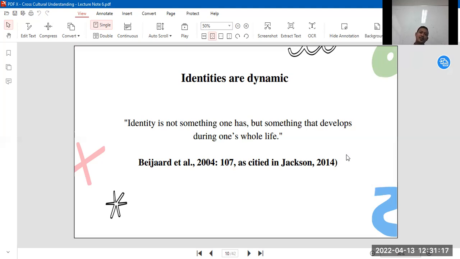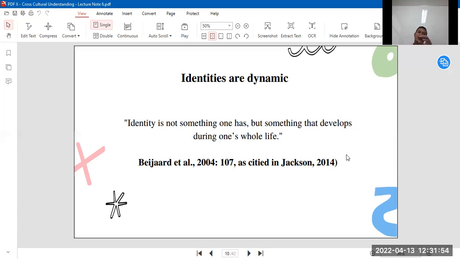And other aspects of one's identity may also have different meanings and significance at different stages in one's life. Let's say religion. As an adult, we may feel a strong emotional attachment to our religion, let's say Christian, but when we were a child, we probably didn't care about that.